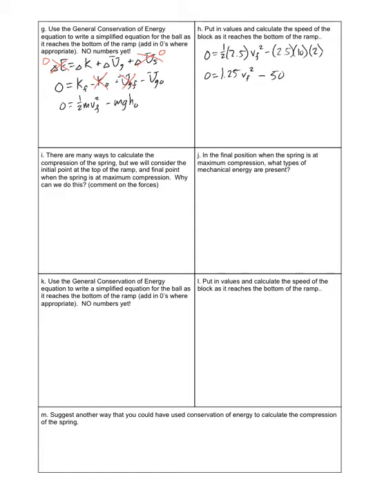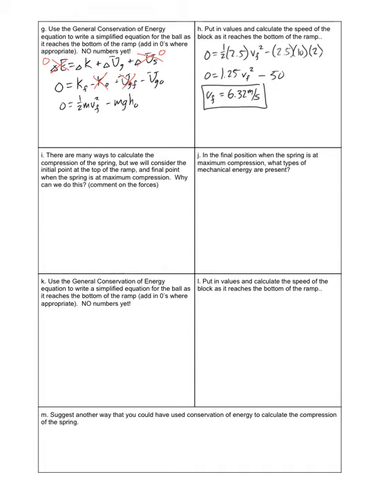We're going to add the 50 to the other side and then divide by 1.25. And then, of course, after that, we will square root it. So we get the square root of 40, which means that that final velocity is equal to 6.32 meters per second. There we go. We got the speed at the bottom of the ramp.